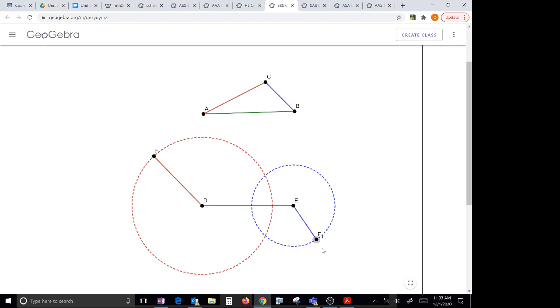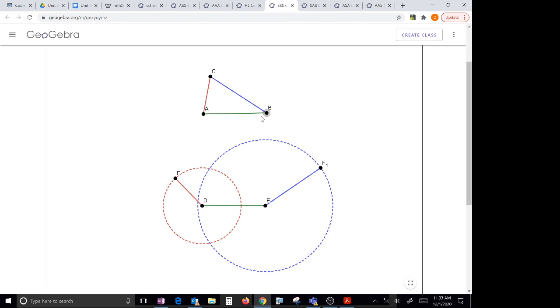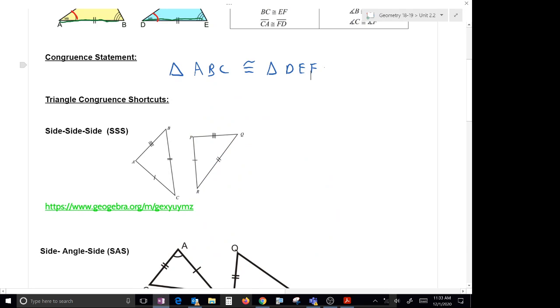And it doesn't matter if I change my shape completely. Still, no matter what, if I copy the length of all three sides, I'm only going to get that exact same shape copied down here. So side, side, side, or SSS, is one possibility for a shortcut.